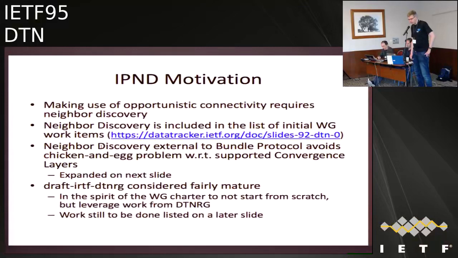You need some form of finding out which nodes are in contact or in reach. Also, neighbor discovery has been identified as one of the work items of this working group, so we should do something about it.